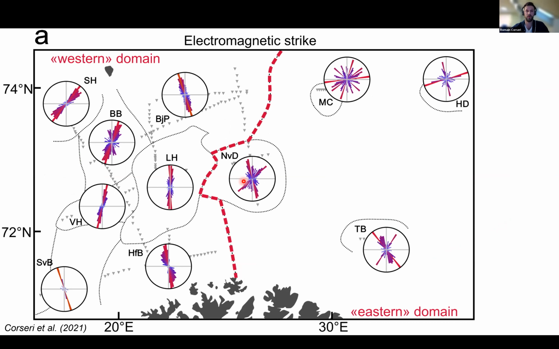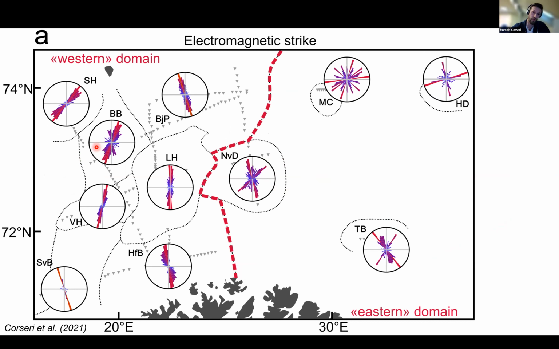This is the outcome of the dimensionality analysis in our database in the Barents Sea. What you can see here is a quite obvious split: to the east you have a more complex orientation of the preferential currents, mainly divided in two directions, so a period-dependent strike.